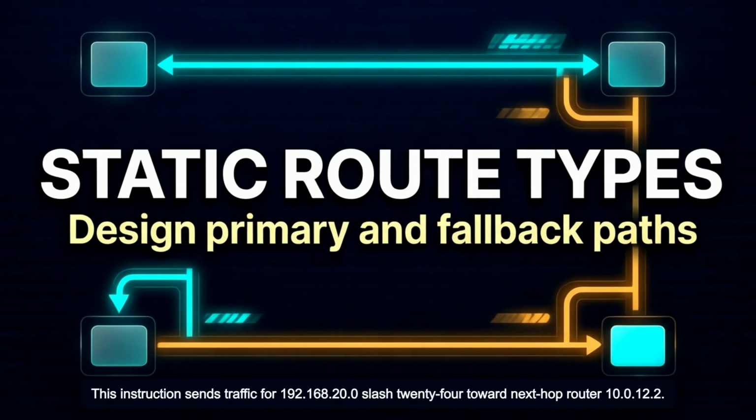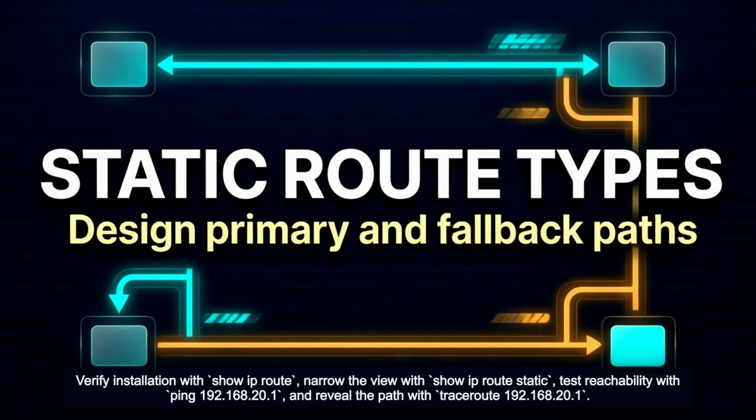This instruction sends traffic for 192.168.20.0/24 toward next hop router 10.0.12.2. Verify installation with show ip route, narrow the view with show ip route static, test reachability with ping 192.168.20.1, and reveal the path with traceroute 192.168.20.1.